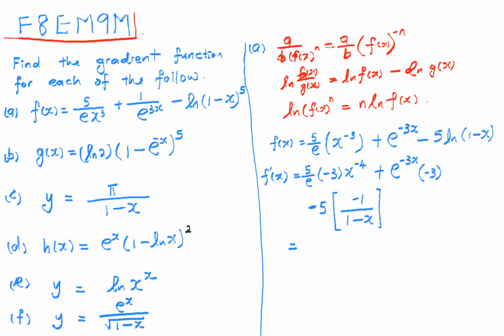But if the question didn't say you don't have to simplify, then I think it's your responsibility to write it like that: -15 over e times x to the power of 4, take away 3 over e to the power of 3x plus 5 over 1 minus x. So you got that correct. If you are able to write the final answer straight away, I give you 3 marks.